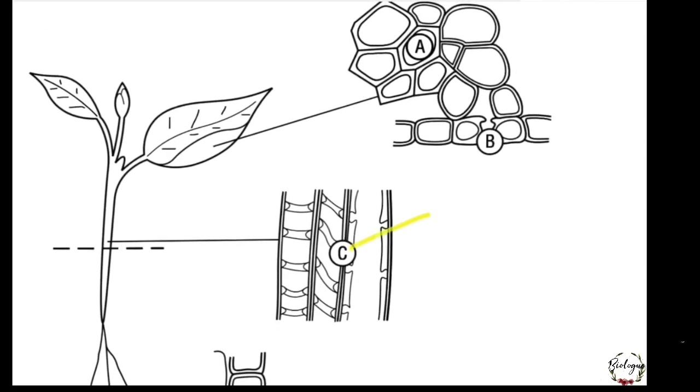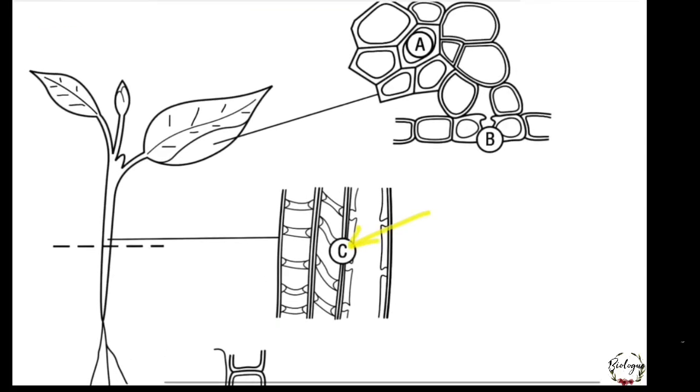Remember that it will not be C. Now most likely you may think that it is C, but it is not C. Why? This is the xylem, this is the phloem. Remember, C is placed between, meaning that it's neither in the xylem nor in the phloem.